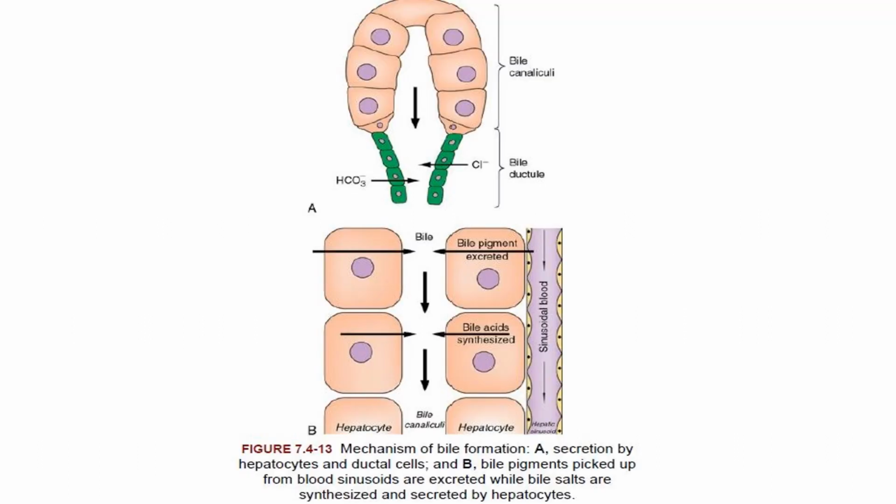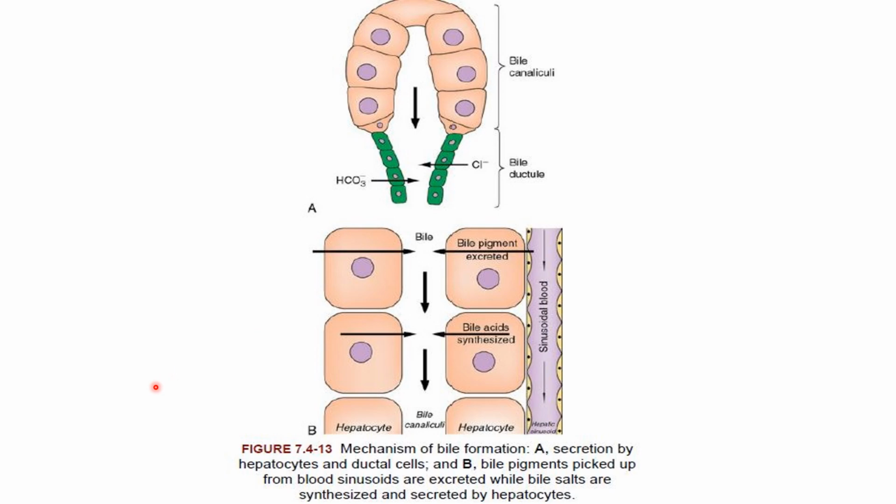Now, look into this diagram that shows the mechanism of bile formation. Here, you can see the hepatocytes and the ductal cells that secrete fresh bile in humans. And below here, you can see how bile pigments are taken up from the blood sinusoids and are excreted into the bile canaliculi by the hepatocytes.